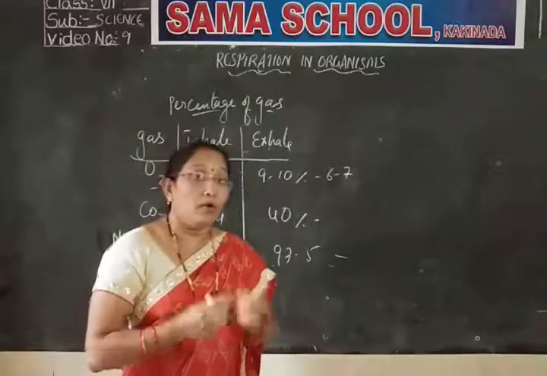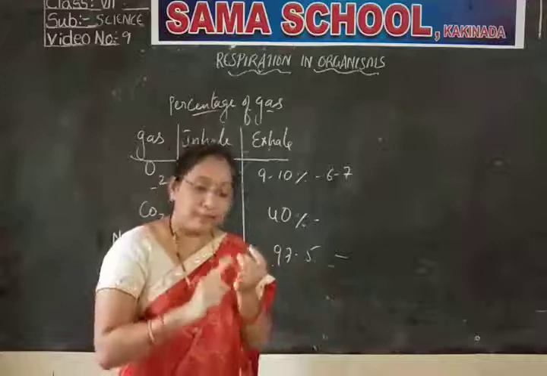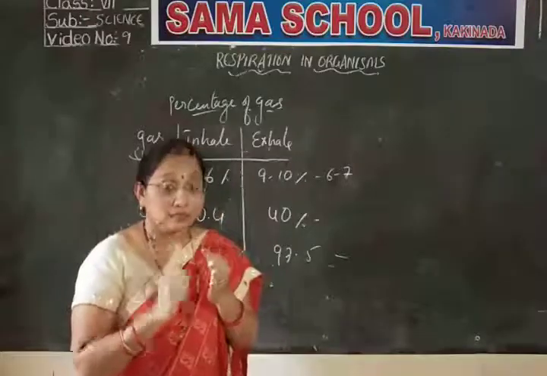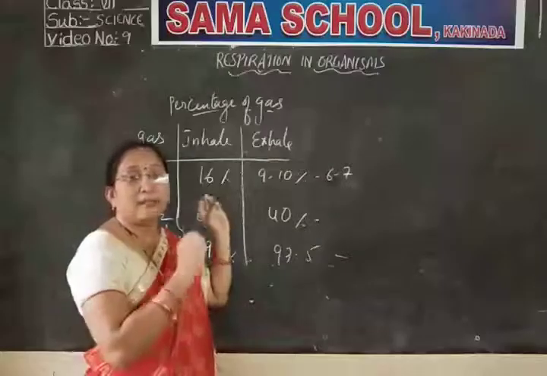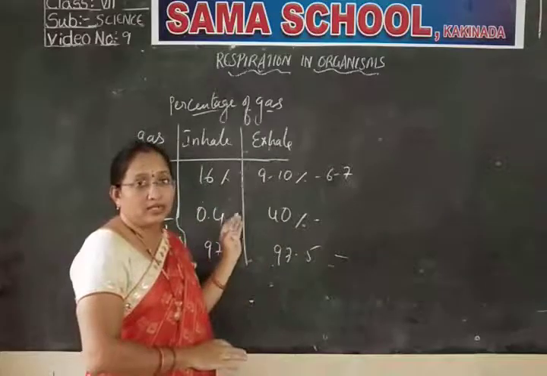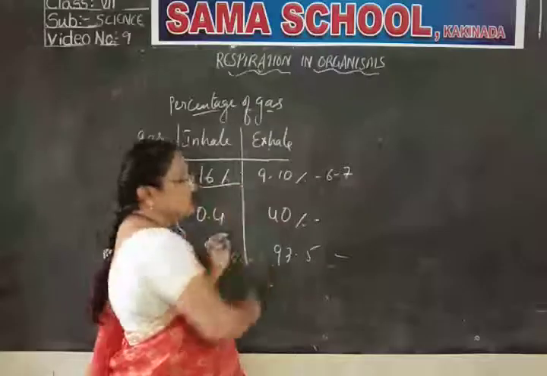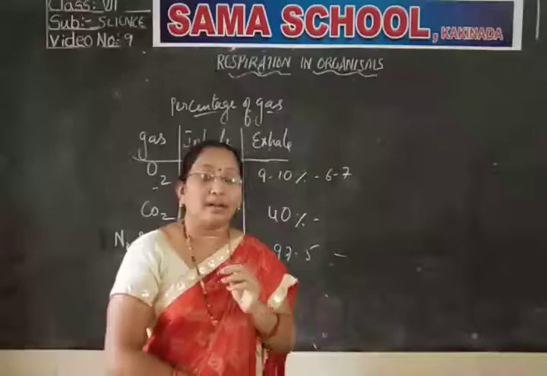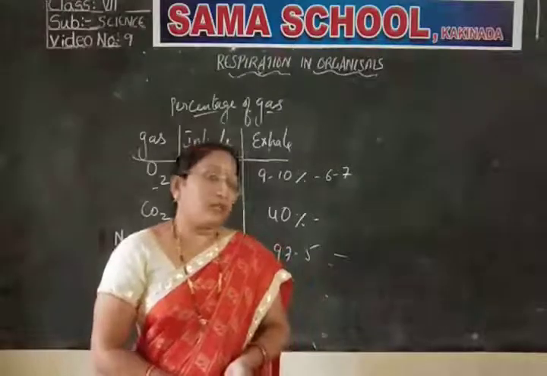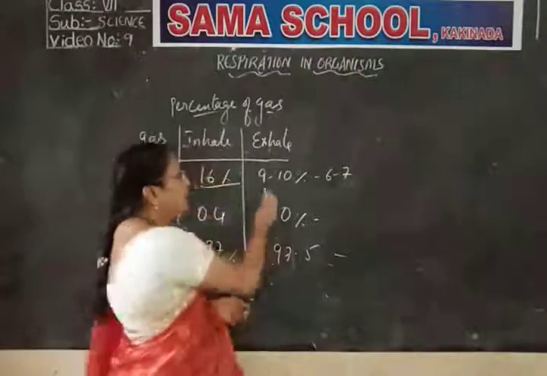All living organisms, including plants and animals, need oxygen and must throw out carbon dioxide. So why is this much percentage of oxygen used? They said that you must verify from your library or teacher. So as a teacher, I will explain it to you now.